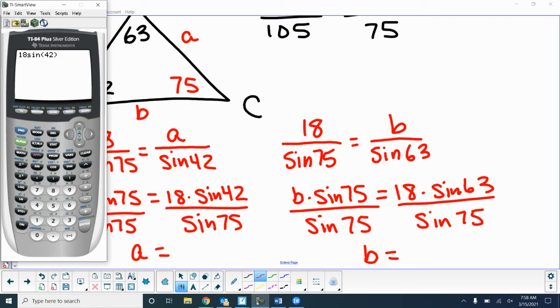Whenever you hit sine, it gives you that left parenthesis, at least in these calculators. I think the other ones too. So close it off, and then hit your division symbol, and then sine of 75. Close it off. So we'll go to tenths. So it'd be 12.5 would be the length of side A.